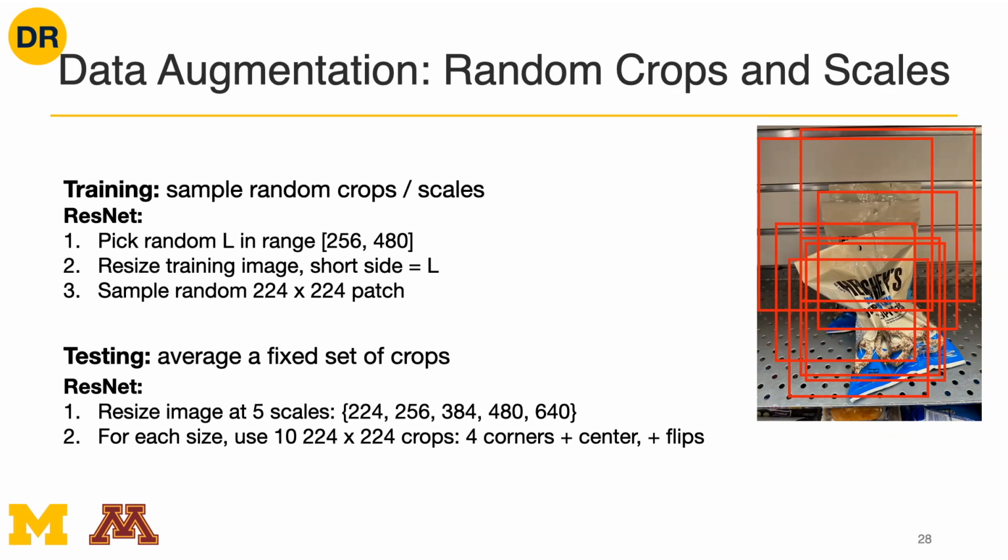And you would want to do the same thing during the validation so that you are averaging out the randomness. For instance, here, you will resize the input image into 5 different scales, and then for each size, you use 10 crops and average out the performance. That's how you'll calculate your validation error.